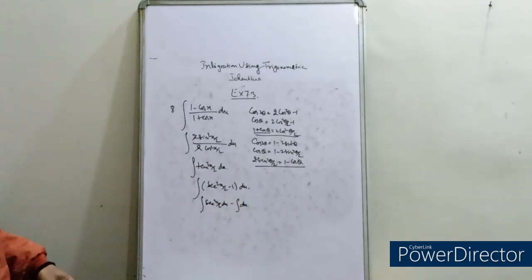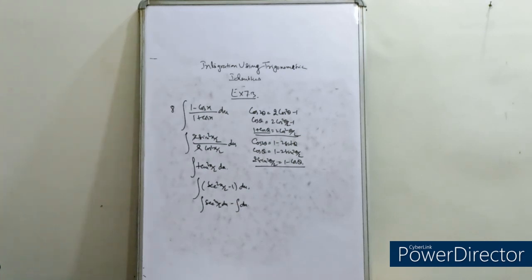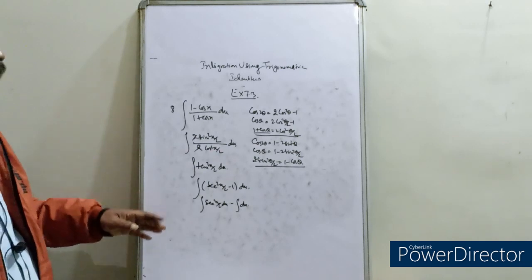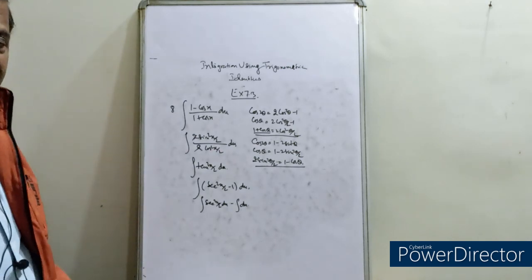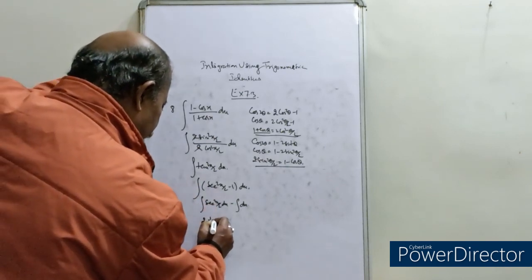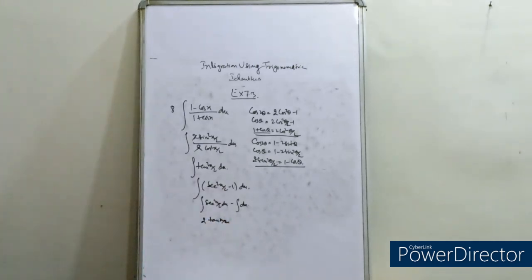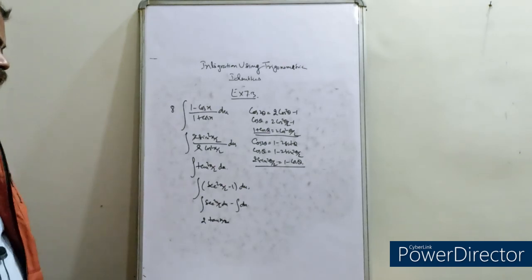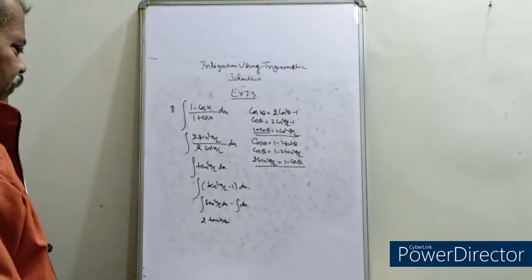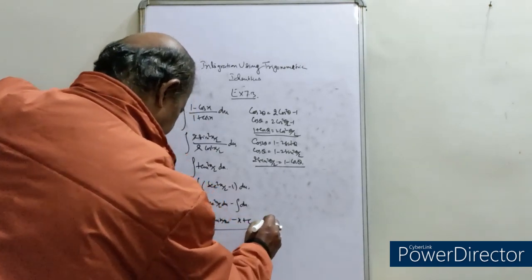So here you see sec square x by 2, its integration result is tan x by 2, divided by the constant 1 by 2, because in integration the constant gets divided. So your answer comes out to be 2 tan x by 2, because differentiation of tan x is sec square x, so integration of sec square x is tan x, minus x plus c. So this is your answer.